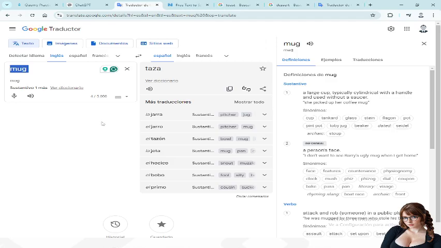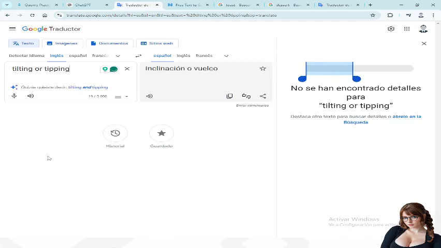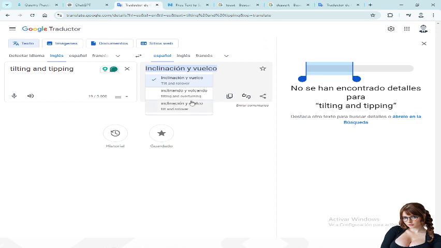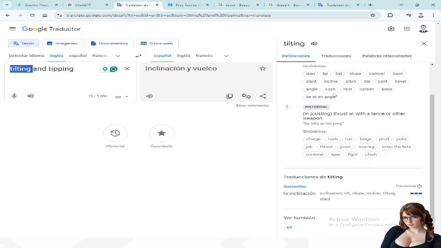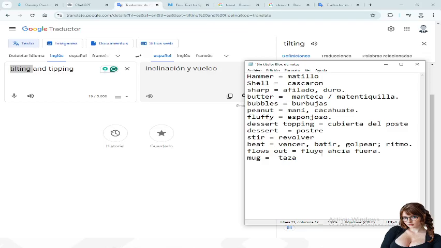I think that is like put, like incline. And tipping.